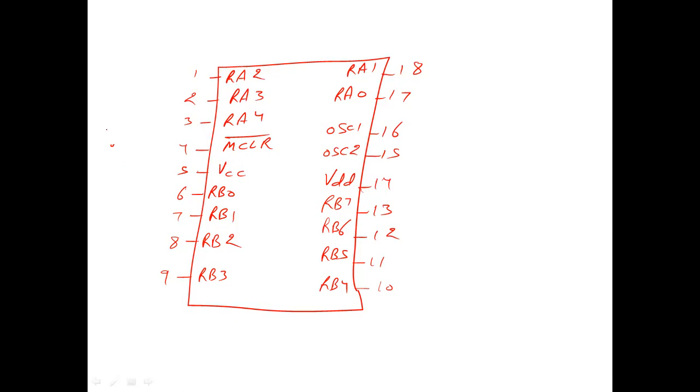So the voltage of 5 volts is given through a resistance to pin number 4, right? And pin number 5 is grounded.